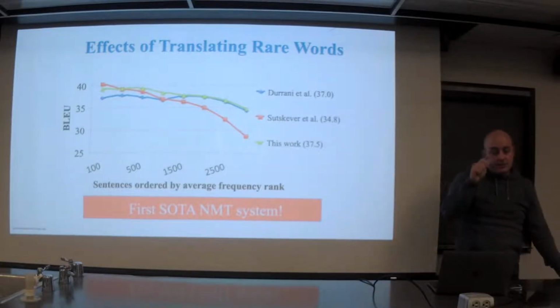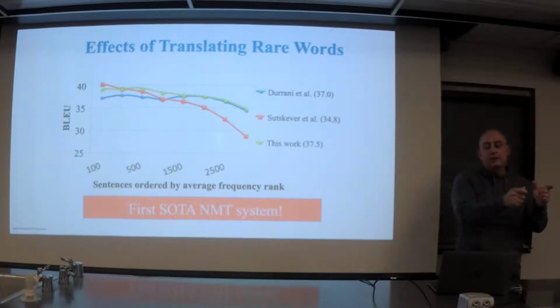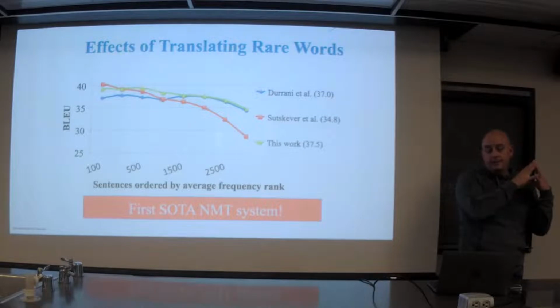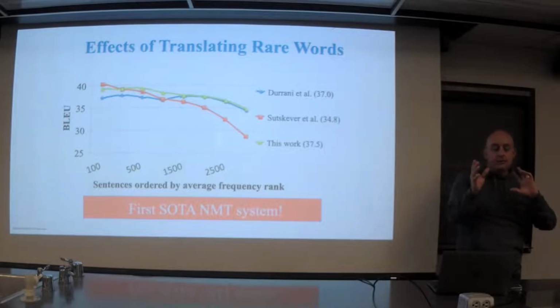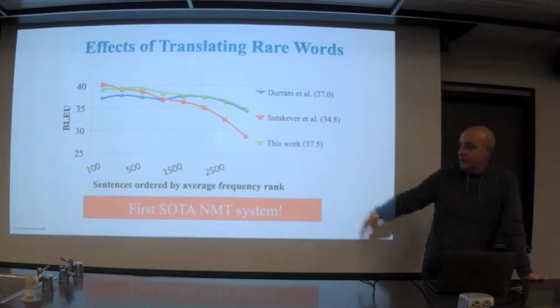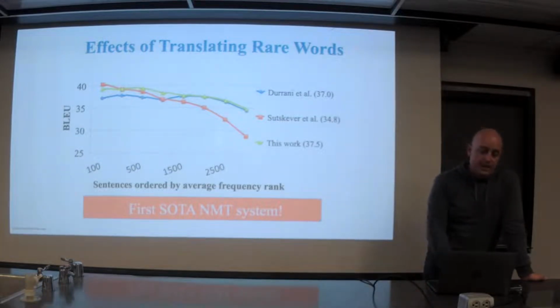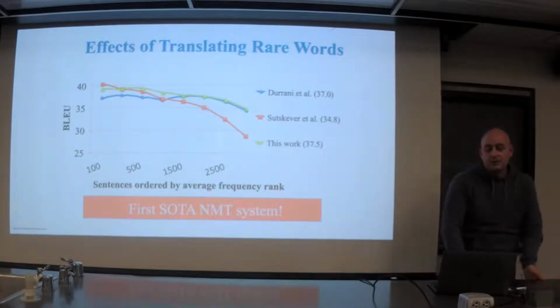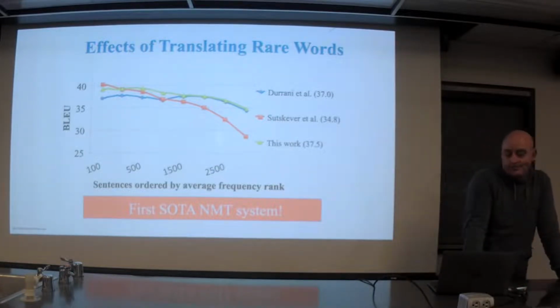So just that small change of going from translating everything to only translating the most frequent words, and then doing this kind of dictionary lookup of the rest, all of a sudden gets a state of the art. So that's pretty cool, and it's a good story to remember in terms of how to use neural networks in machine learning in general as a tool.